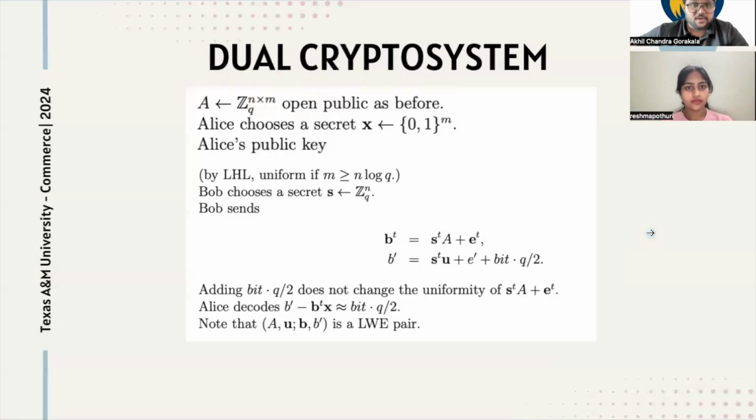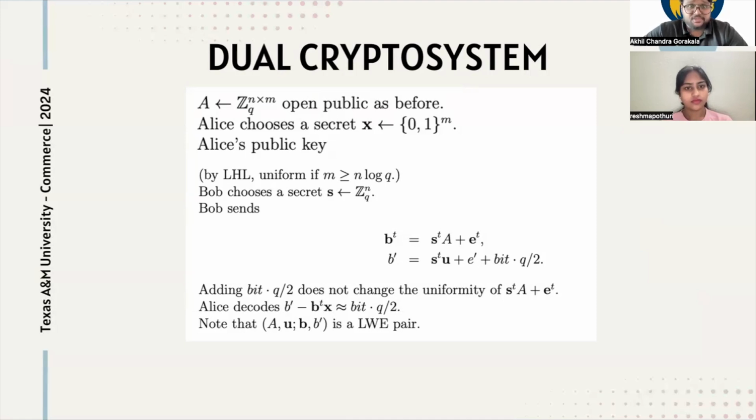And now coming to dual crypto systems, this slide represents a dual crypto system based on LWE, which means learning with errors problems. Here, as in the previous LWE-based crypto systems, the public key is matrix A itself, and Alice and Bob both have secret keys. Alice has x and Bob has s.